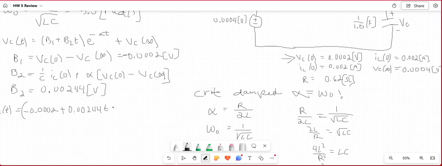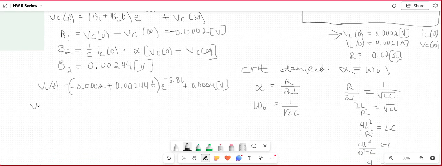T e to the negative alpha t, so alpha was negative 5.8. Plus VC infinity, which is plus 0.0004 volts.